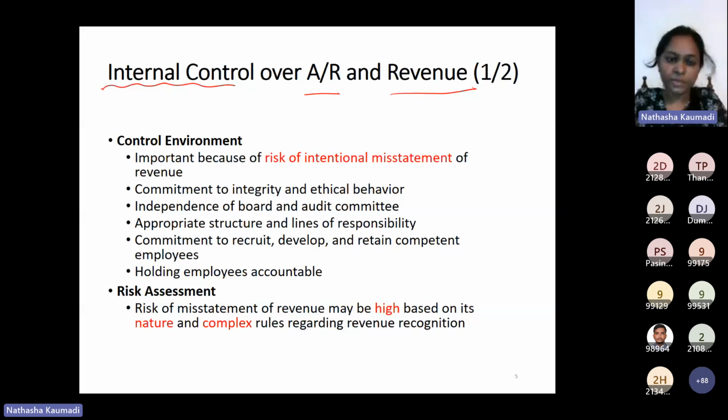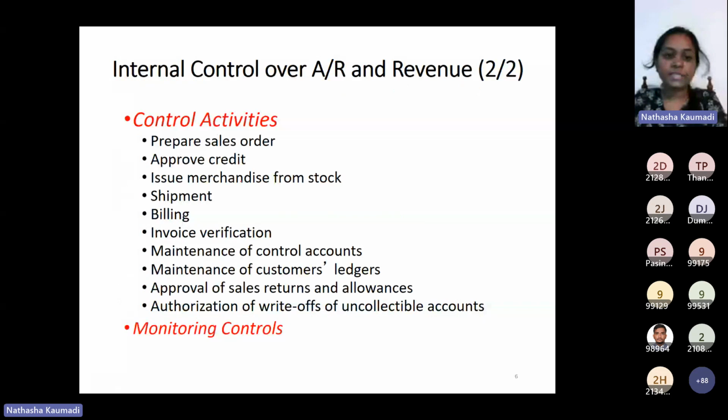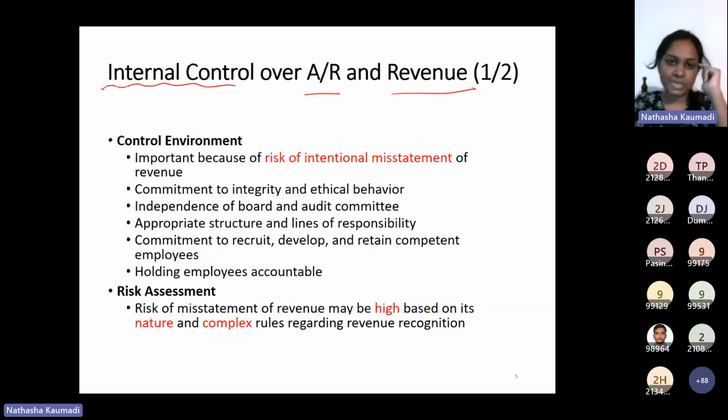Control environment, risk assessment, control activities, monitoring control, and the information system. The fifth one is not mentioned in these 2 slides, only 4 are mentioned. Information system, information and communication, that is the fifth one.